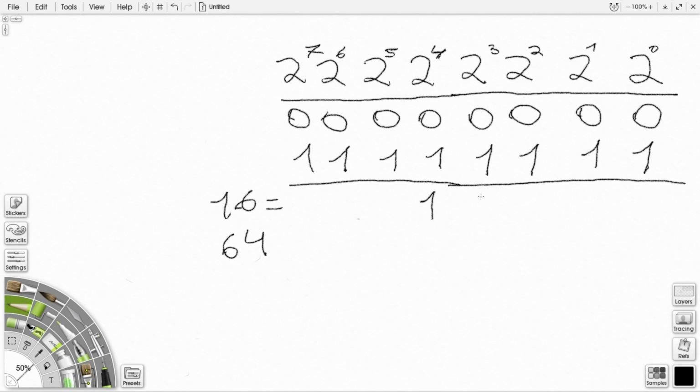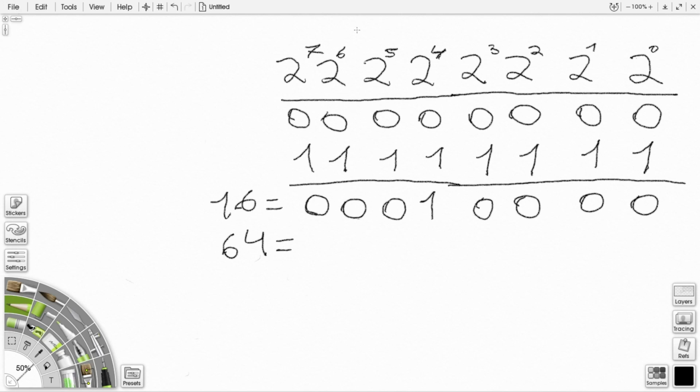So this is turned on, no energy, no energy, no energy, no energy. This is 2 to the power of 4, or the number 16 in decimal: 1 with 4 zeros. And the rest are zeros, but we don't consider those when representing 16 as a bunch of ones and zeros.